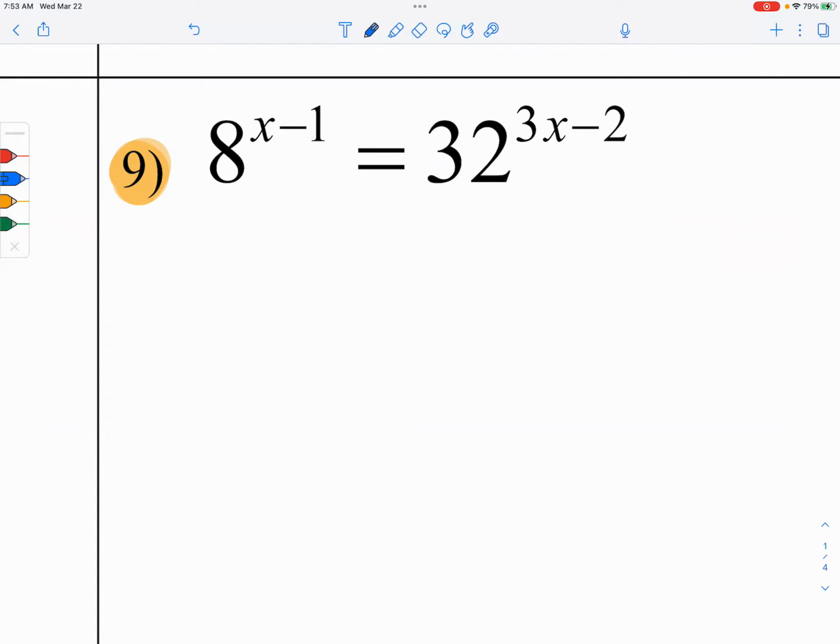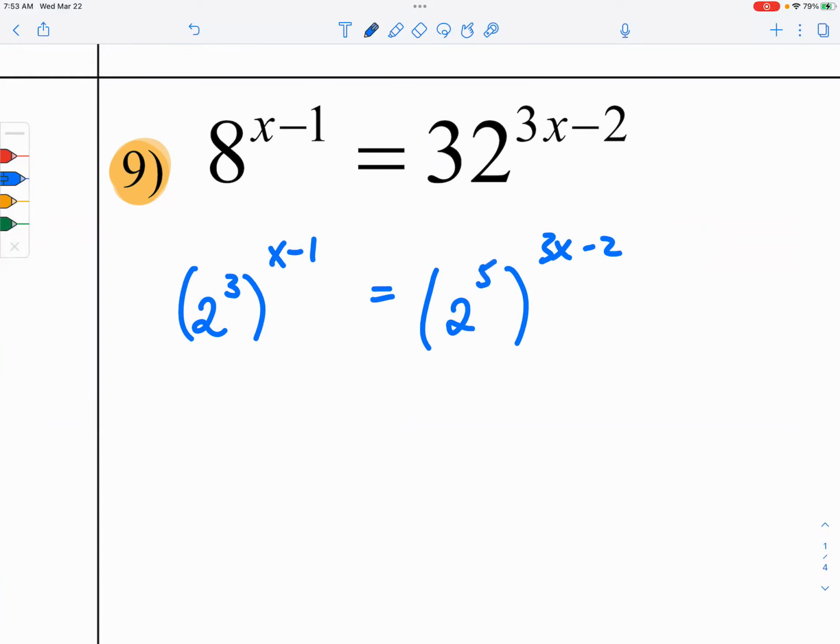It'll be 2. Okay, so if you know the list of numbers I just talked about, then you look at 8, you look at 32, automatically you're like, oh yeah, I know what's going on here. It's about 2. Because 8 is 2 cubed, and 32 is 2 to the what power? 5th power.